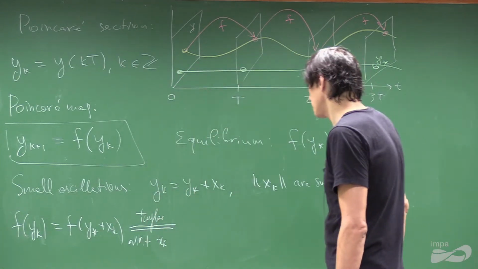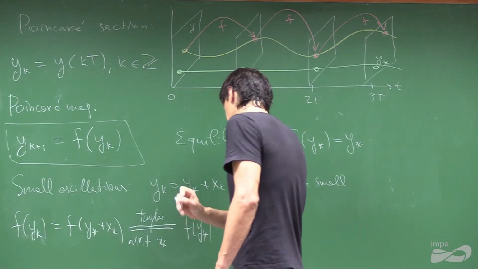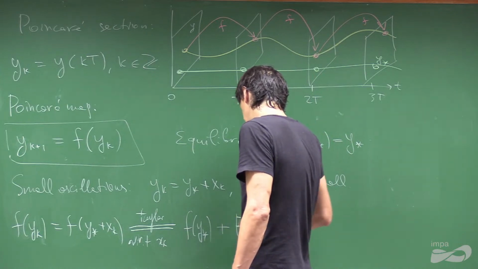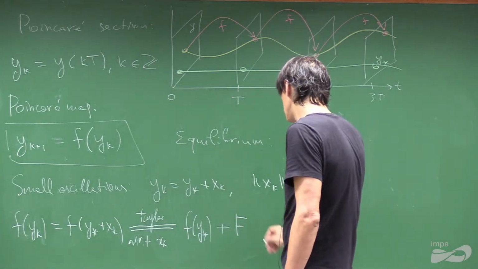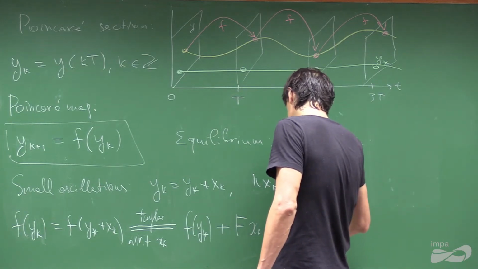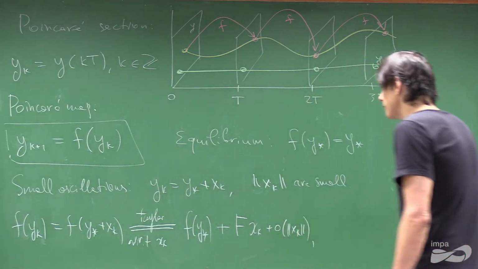And it's the same story. So first you compute f at y star at x equals 0. And then you get the Jacobian matrix, that we will write down, what it is, times xk plus small higher order correction.